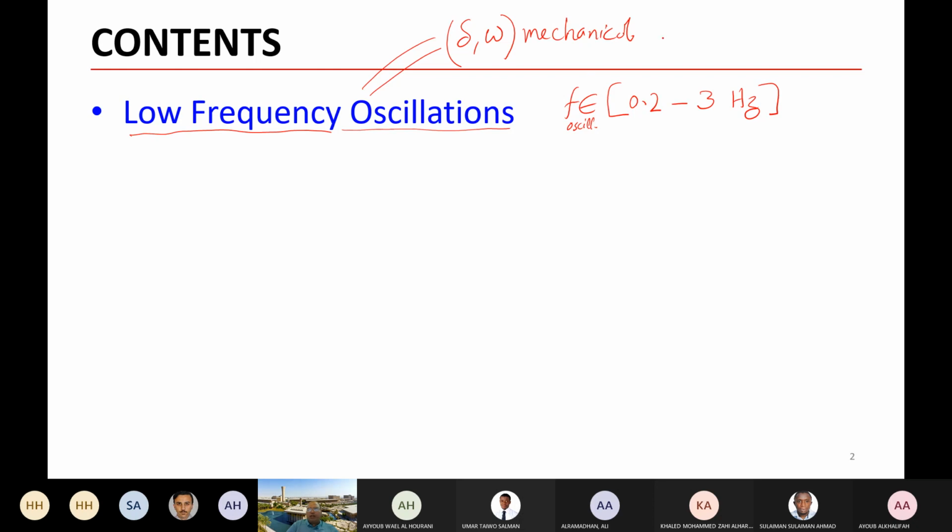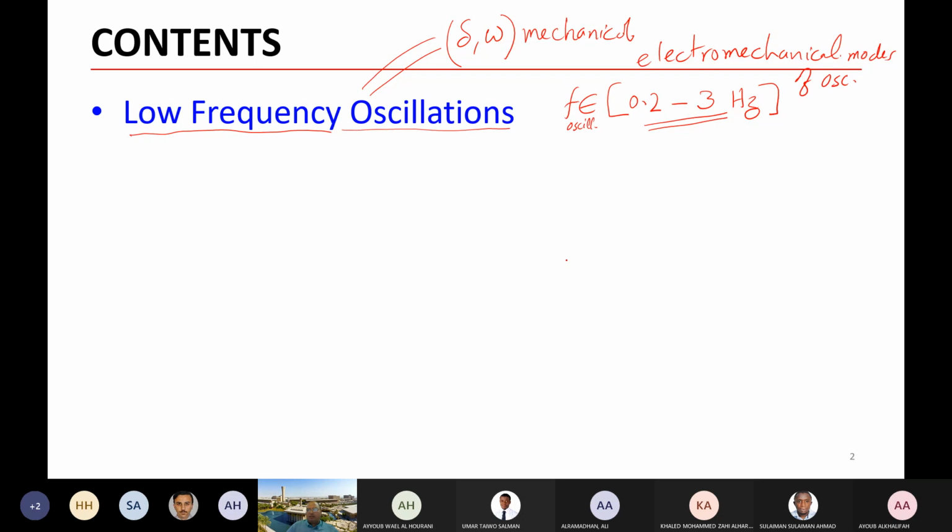Sometimes we call it electromechanical oscillation, or electromechanical modes of oscillation. So this is the frequency range that we are targeting now.